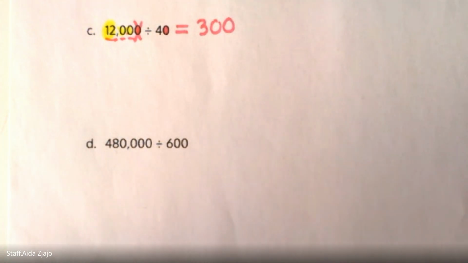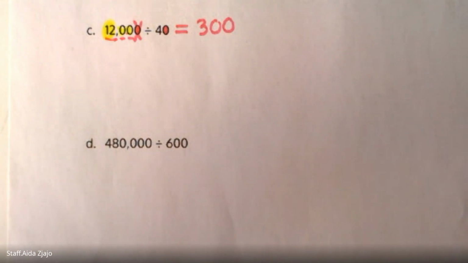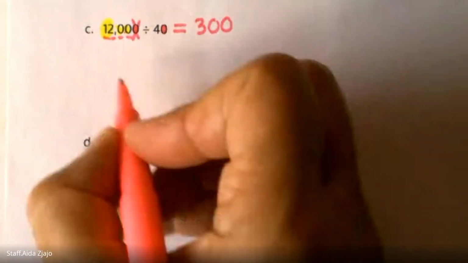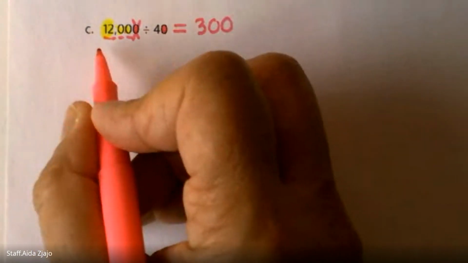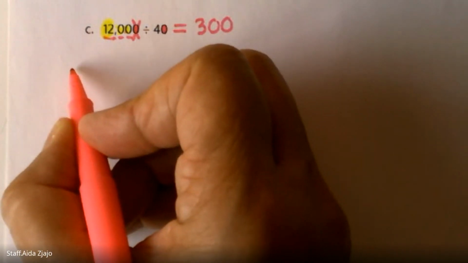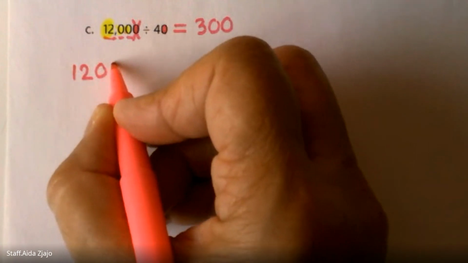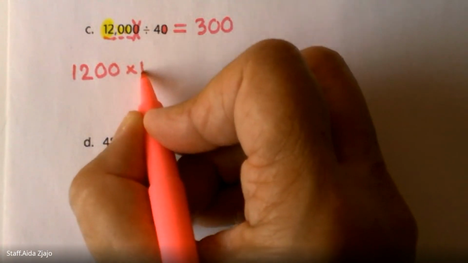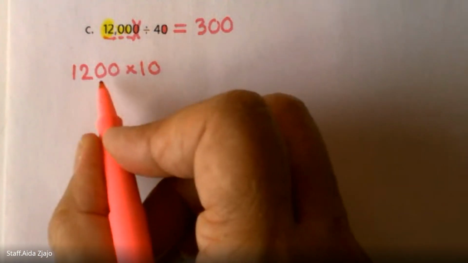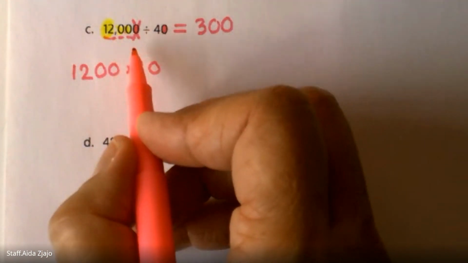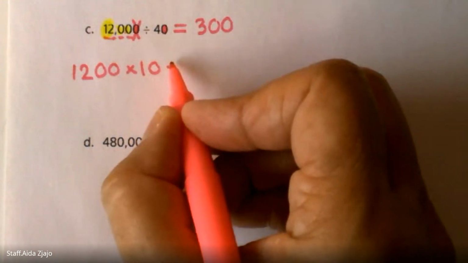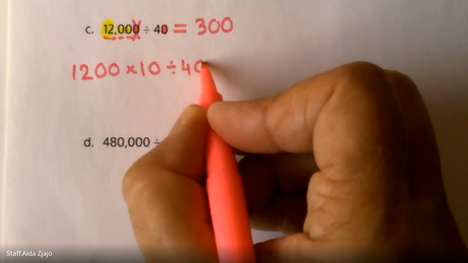So let's see how we can do that. If we say that this is 12 times 10, okay, so that is times 10, and then we can divide by 40.